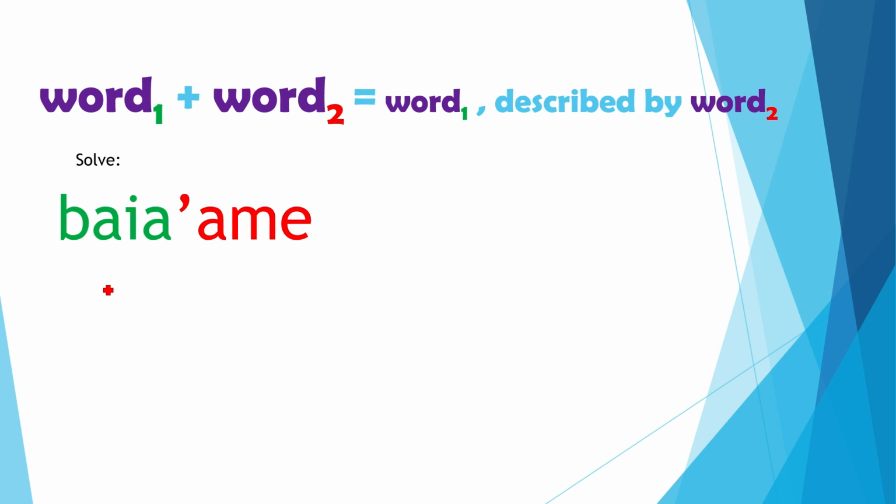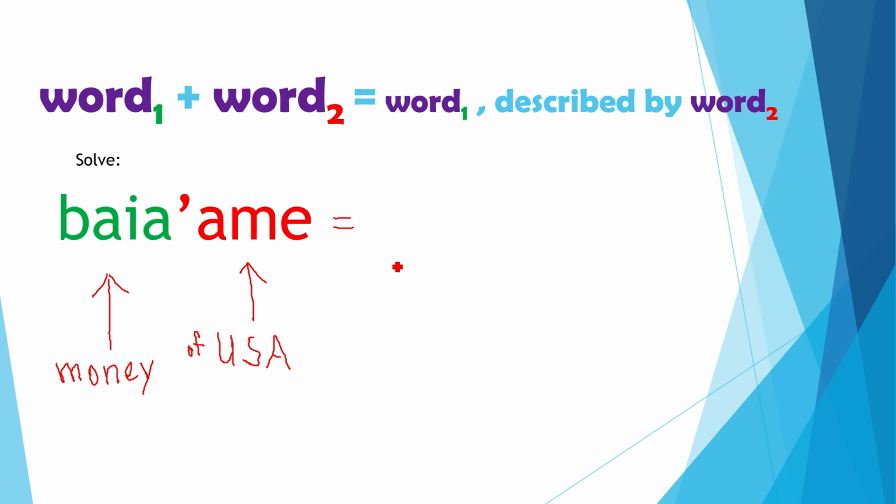So what is baya? Well, baya means money. And what is ame? Well, ame basically means related to the United States of America. But let's just say US. Let's write it as USA, like this.